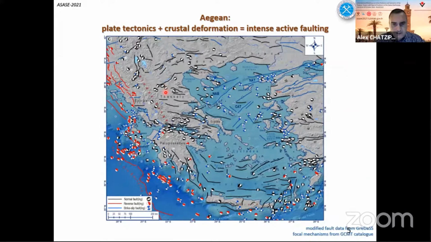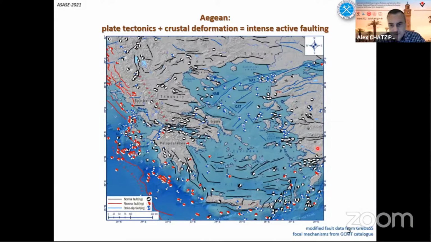Although there are some clear areas of distinct faulting, there are some areas where the style of faulting is mixed, as for example in the southeastern Aegean and western Greece. This is due to the general geodynamic complexity.